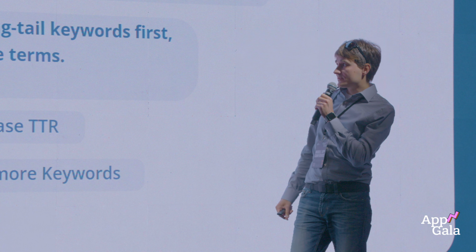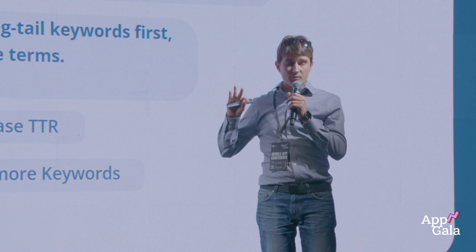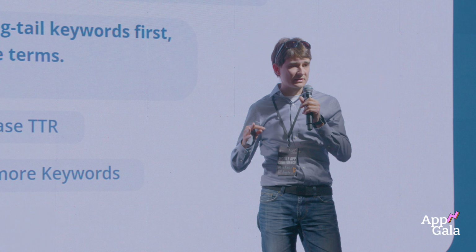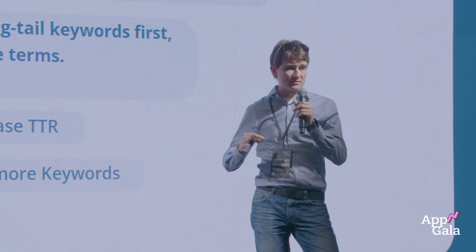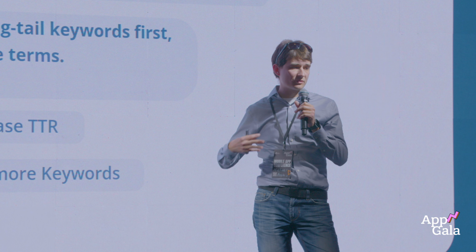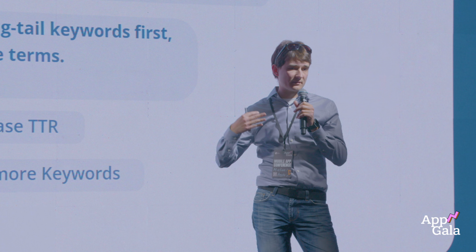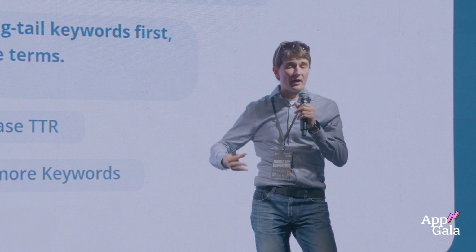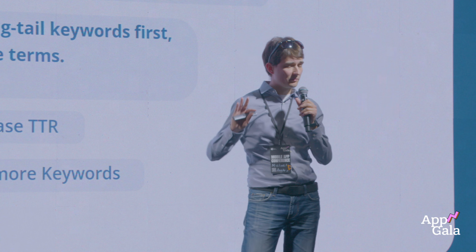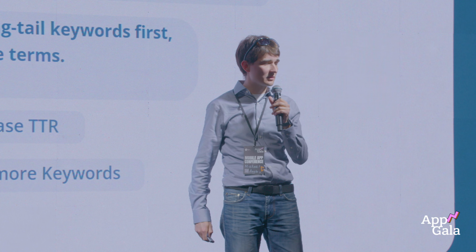When you adjust bids, we recommend starting from highly relevant long tail keywords. This way you can start winning more and more traffic for your app at a lower price. After you get long tail keywords with high relevance, it's very important to have only highly relevant keywords.